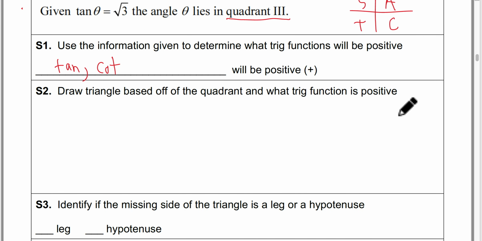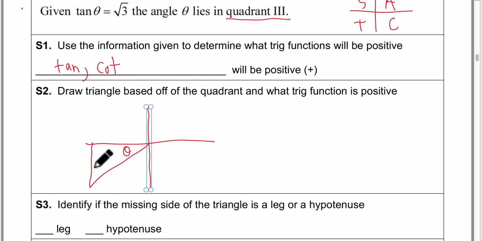Now I'm going to draw my triangle based off the information that I'm given. So I'm in quadrant 3, and I just draw my triangle right there. I'm going to put my theta here, got my right triangle here. Now over here they told me that tangent, or TOA, is equal to the square root of 3.